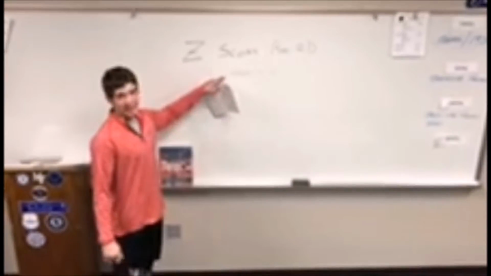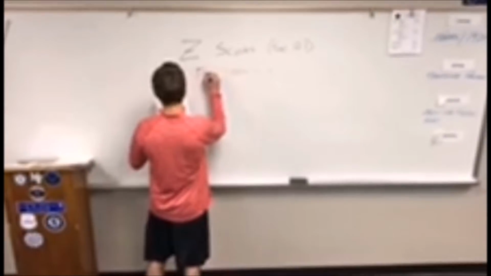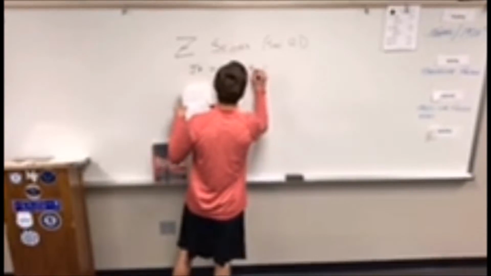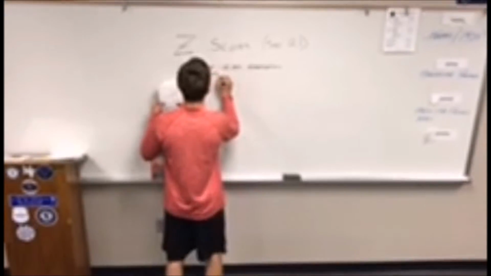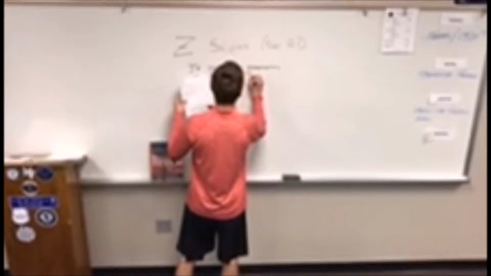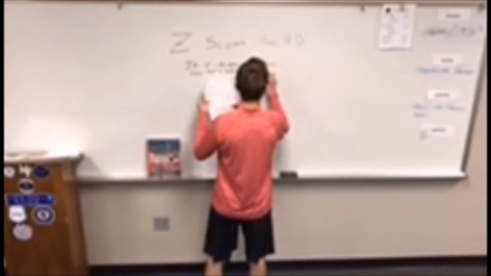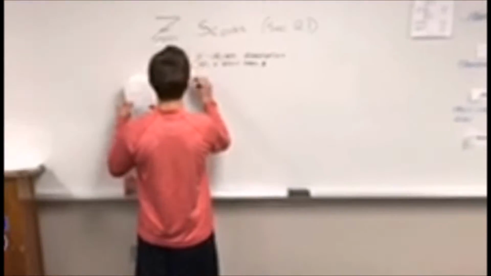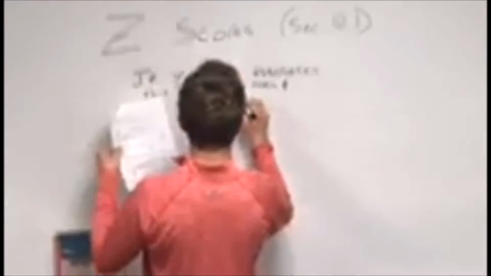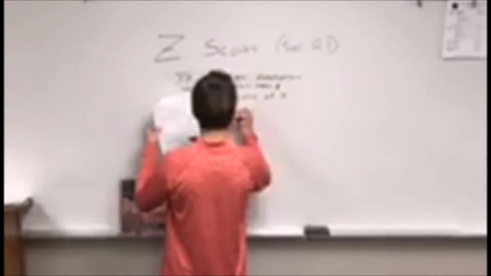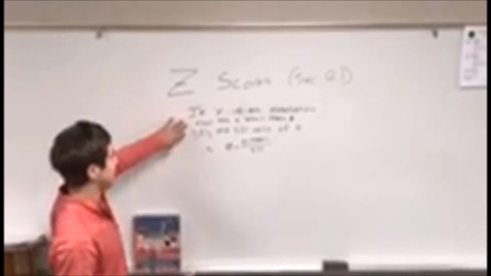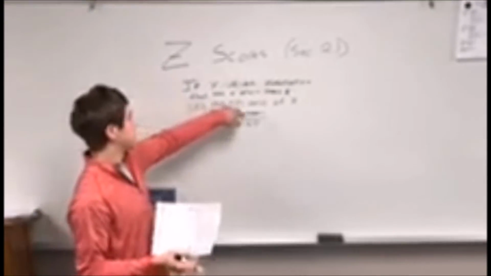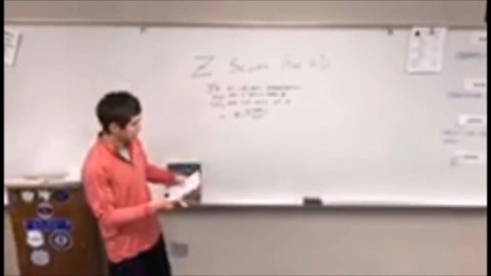The first topic we talked about is the z-score, and the definition of a z-score is: if x is an observation that has a known mean and a known standard deviation, the standardized value of x is z equals x minus mean over standard deviation.